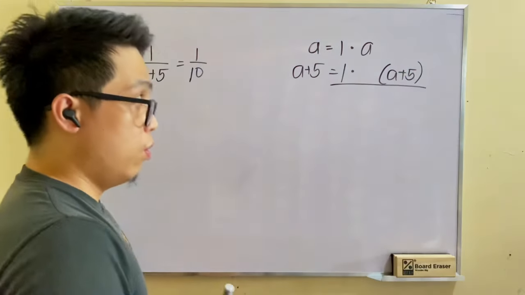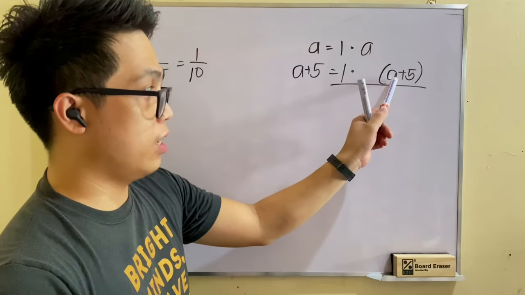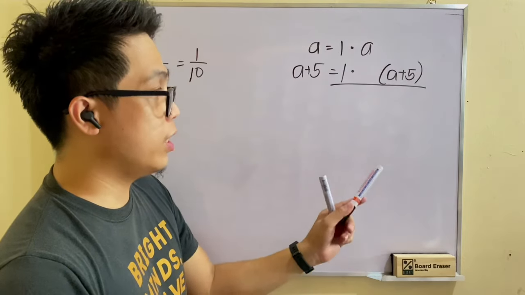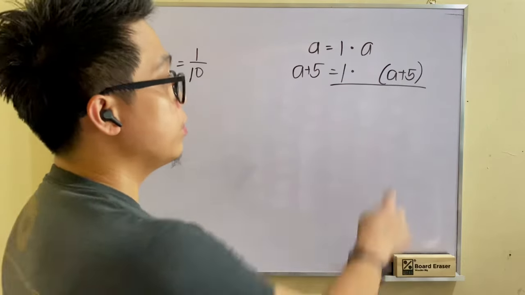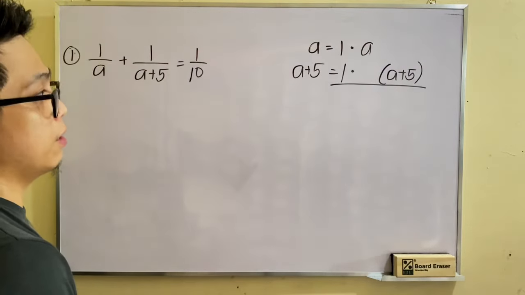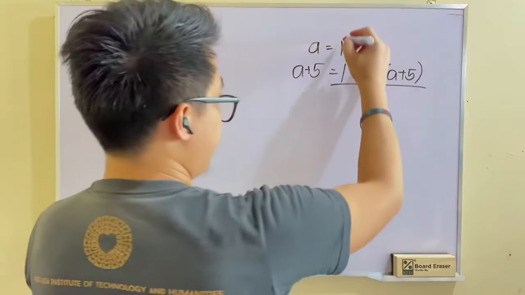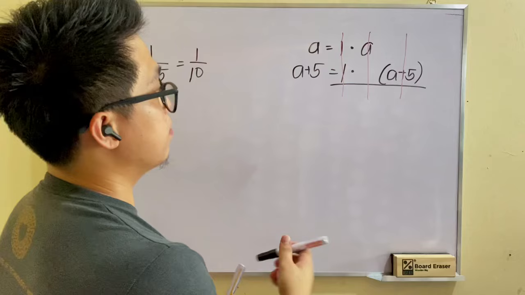Tatanungin nyo, bakit po hindi pwede magpantay si a at si a ng a plus 5? Bakit hindi pwede? Kasi si a na to walang kasama. Si a plus 5 may kasama, which is yung positive 5. So, hindi sila pwedeng pagtapatin. Okay? Dalhin natin sa baba lahat.